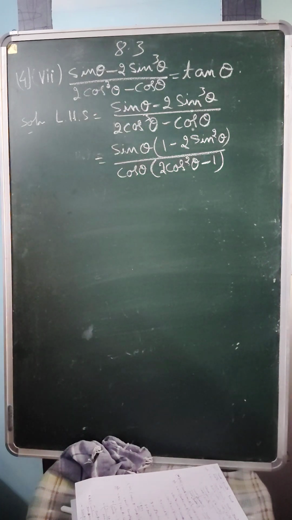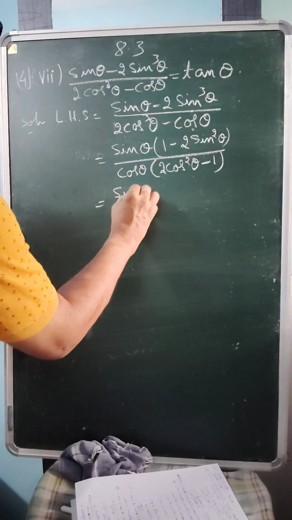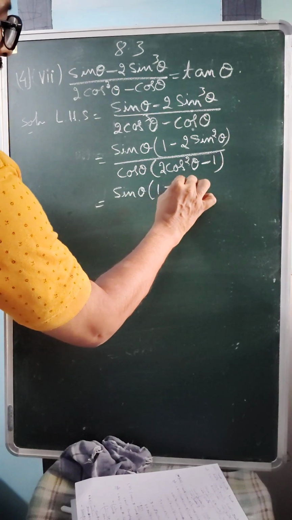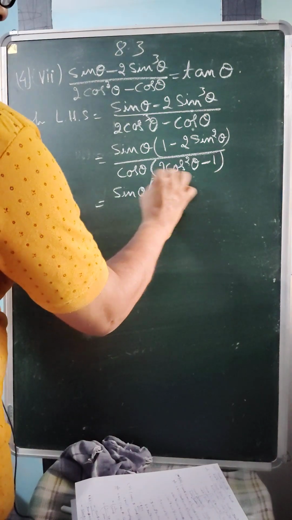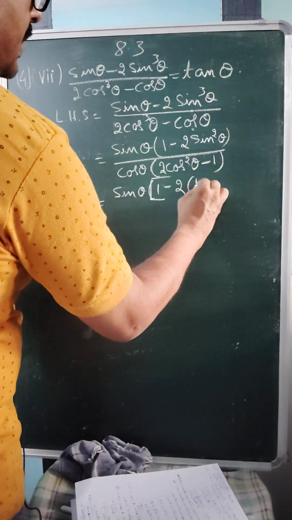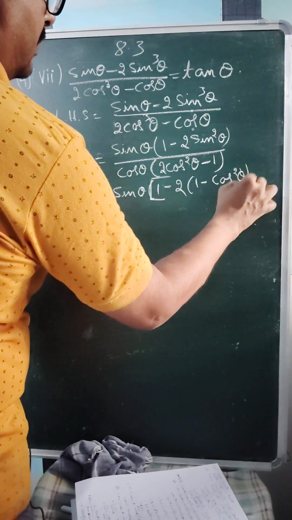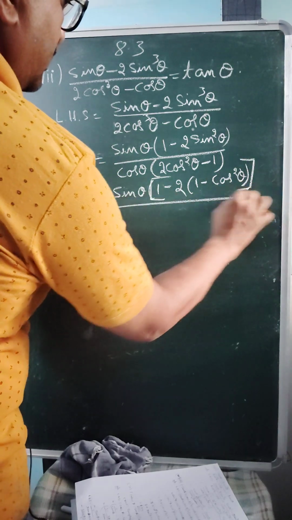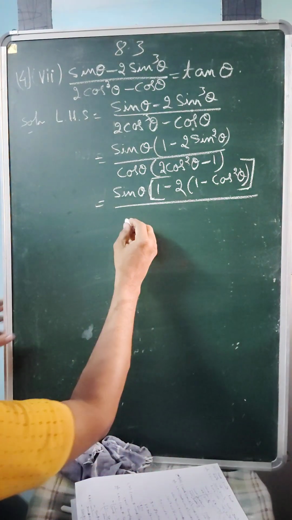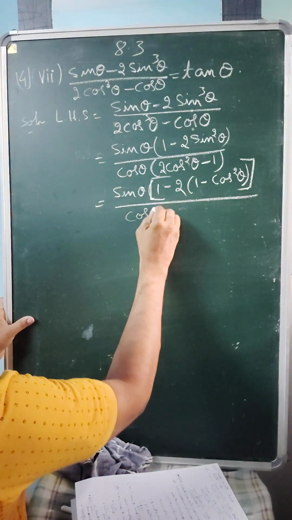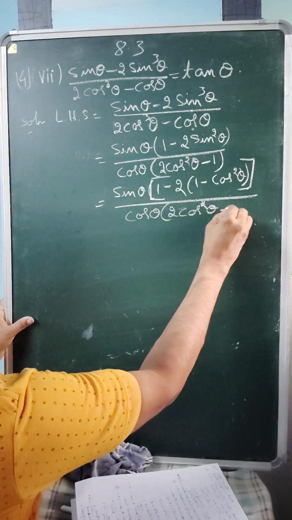Here, instead of writing sin square theta, write 1 minus cos square theta. In the numerator, sin theta into (1 minus 2 into (1 minus cos square theta)). In the denominator, cos theta into (2 cos square theta minus 1).